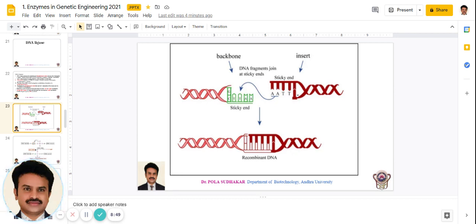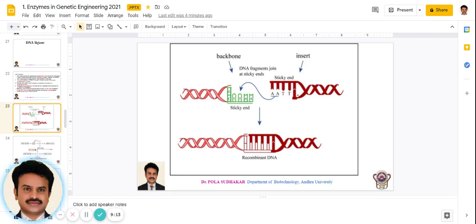Some very versatile linkers are available which contain restriction sites for several different enzymes within a sequence of only 8 to 10 nucleotides. Blunt-ended molecules can also be ligated after building sticky ends.